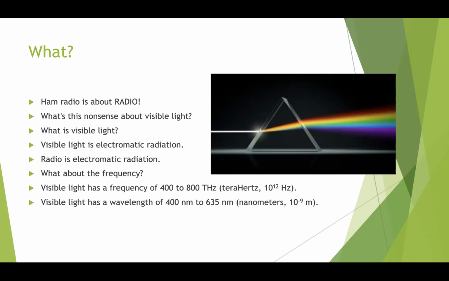Well, visible light is up around 400 to 800 terahertz and has a wavelength of 400 nanometers to 635 nanometers. A nanometer is a billionth of a meter. So it's pretty darn small. But it is electromagnetic radiation, just like our radio is.